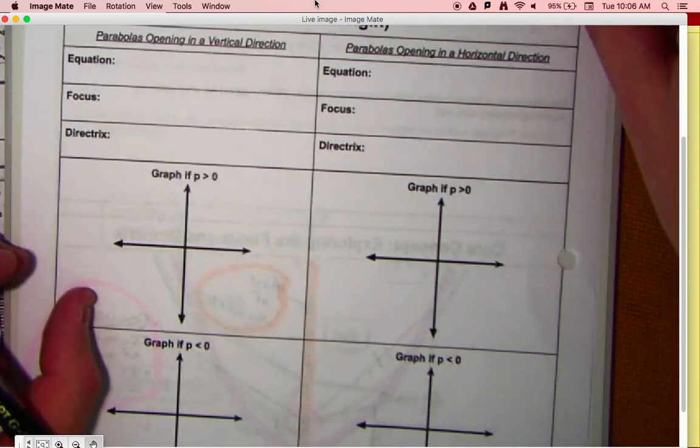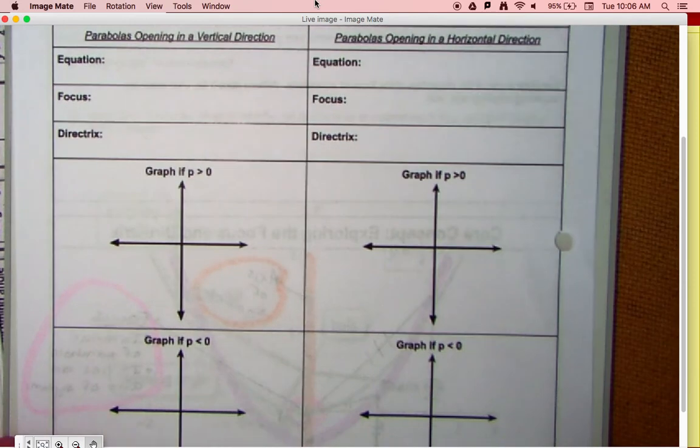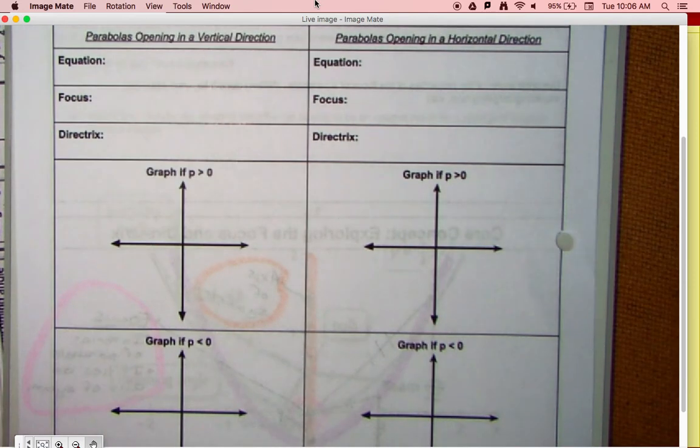And what we want to do is use that information, particularly the p-value, to write some equations for parabolas, what we call standard equations, as well as graph it and be able to draw all the directrix. So just more stuff about parabolas for us.